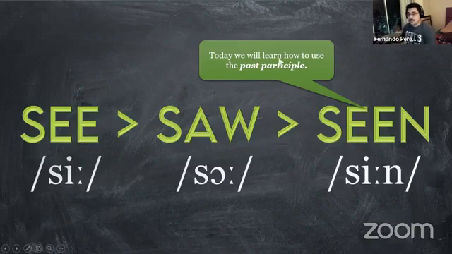Today, we will learn how to use the past participle in English. The past participle is very important, similar to the simple past. The past participle has a specific application. This application is in past.